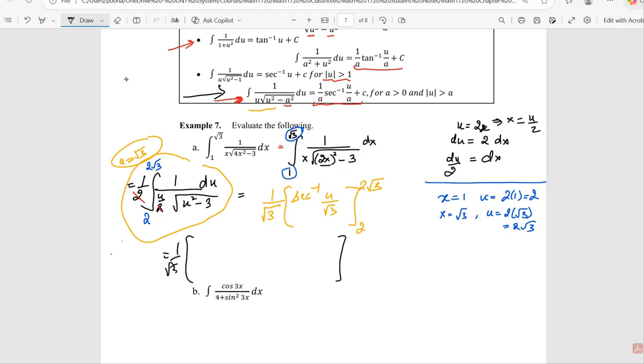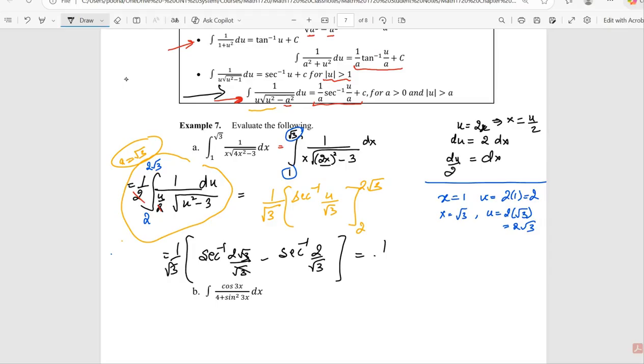We have 1 by root 3 outside. Put in 2 root 3, so secant inverse of 2 root 3 by root 3 minus secant inverse of 2 by root 3. This one here cancels.